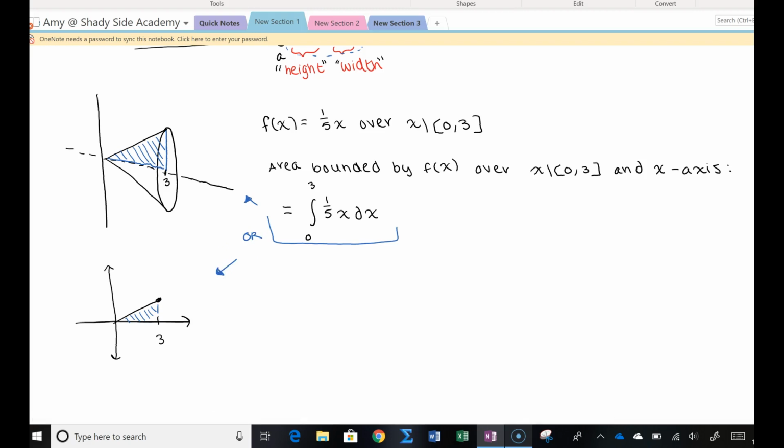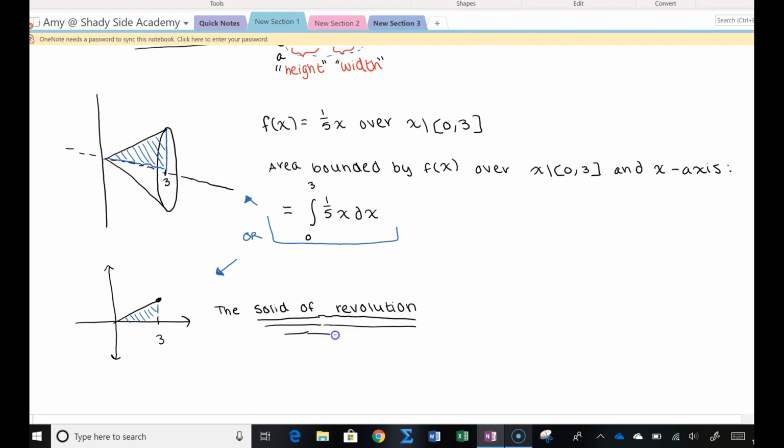Okay, this is a mouthful on purpose. I'm going to underline some important phrases. A solid of revolution is a solid that is the result of some revolution. That phrase we're going to get very used to. What we're saying is that area from above, the green area, is revolved about the x-axis.